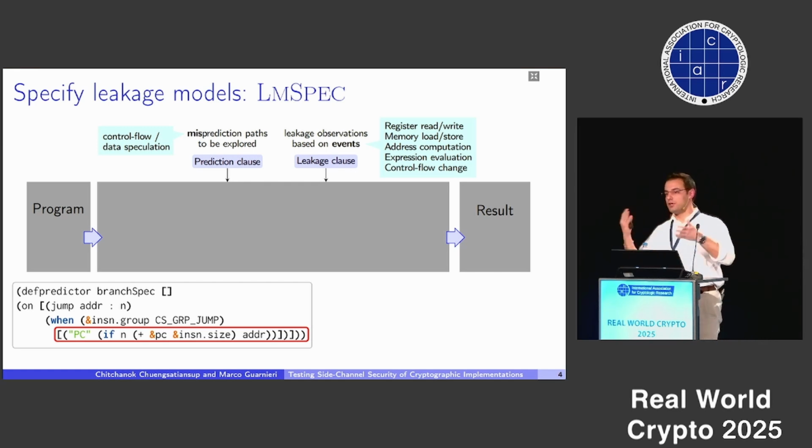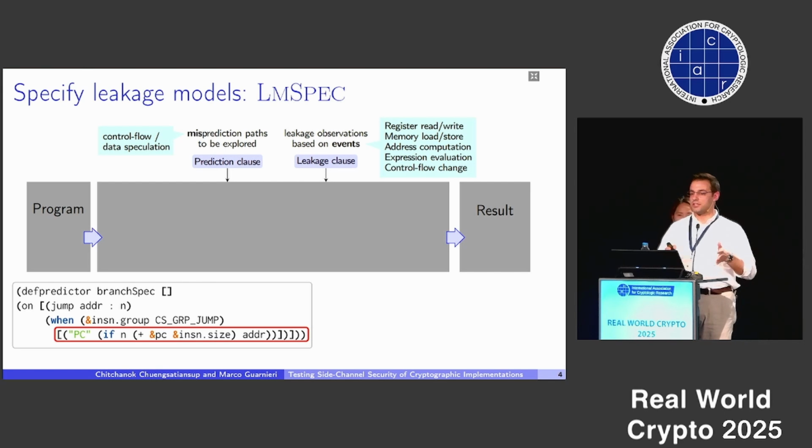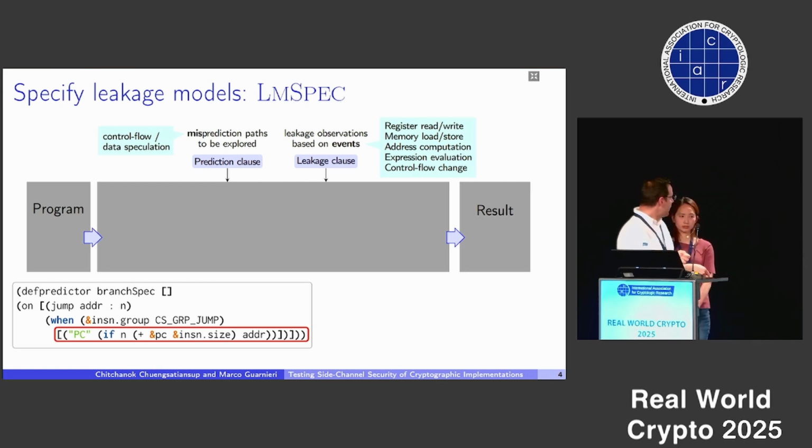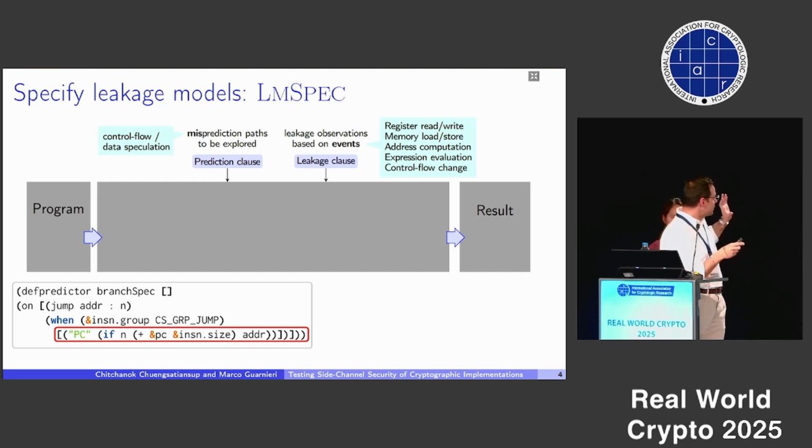If the condition is satisfied, we're going to take the else branch. If the condition is not satisfied, we're going to take the then branch. And this is at a high level how we describe it. I'm going to explain next how we actually use this to do testing, but at a very high level, you can think of it as our leakage model: we just explore the mispredicted path based on this prediction for a fixed number of steps.